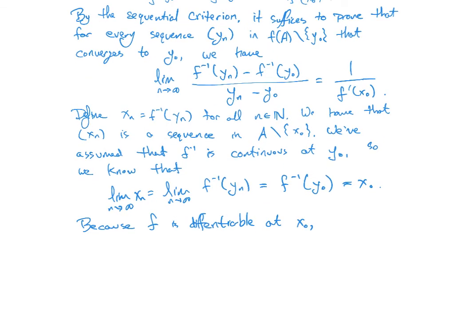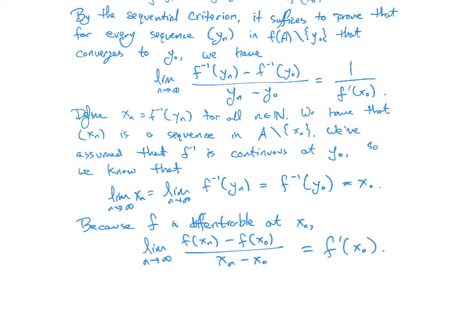Well, that means that, using the sequential form, the limit as n goes to infinity of f of xn minus f of x naught over xn minus x naught. We just said the xn's are converging to x naught. So by the sequential form of the derivative, this is just the derivative at x naught.